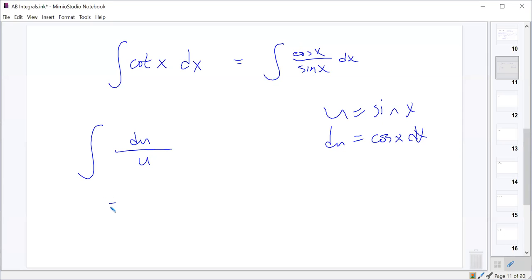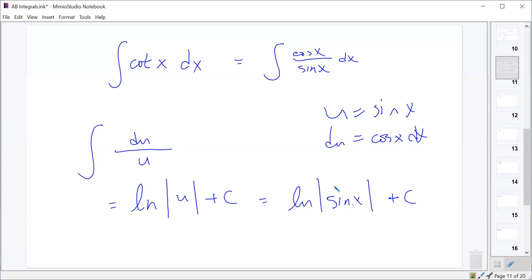Yep, this should integrate to become natural log, and it's not just u, it's natural log of the absolute value of u plus c. And we'll talk about why that's absolute value just in a second when we finish this problem up. But let's resubstitute the u back in: natural log absolute value sine x plus a constant.